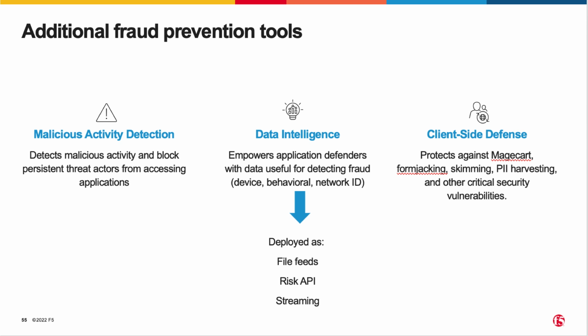Data intelligence, which provides application defenders with high-fidelity, actionable intelligence around user behavior, network characteristics, and device characteristics that are useful for detecting malicious traffic. And client-side defense, a monitoring and mitigation solution to protect customer credentials, financial details, and PII against Magecart, form jacking, and other client-side supply chain attacks.